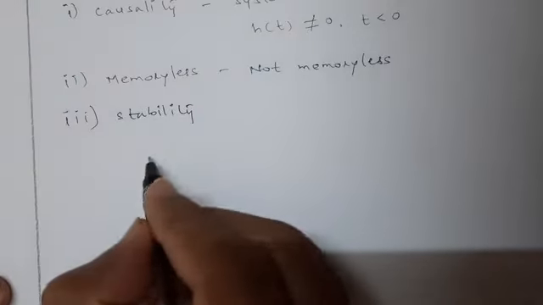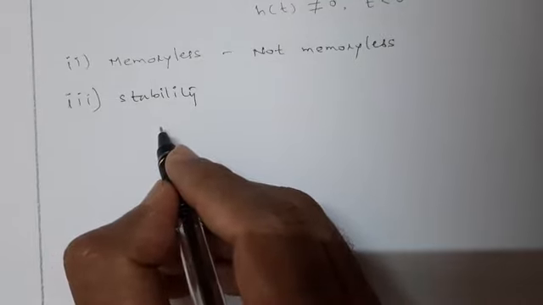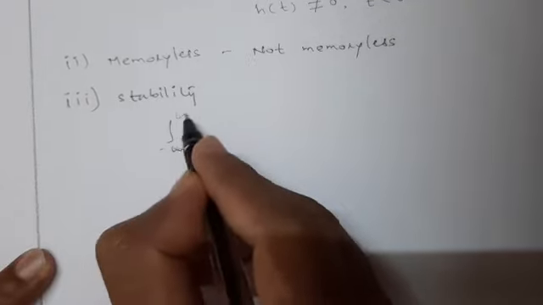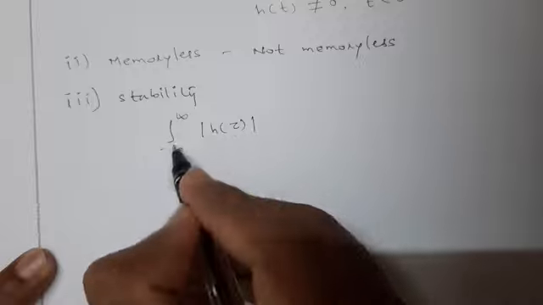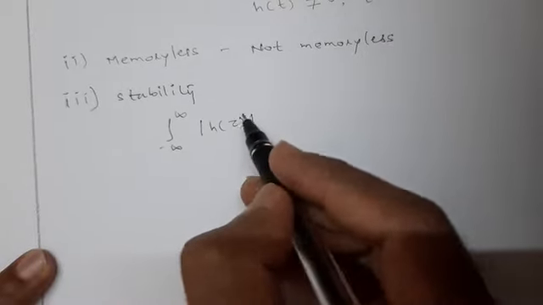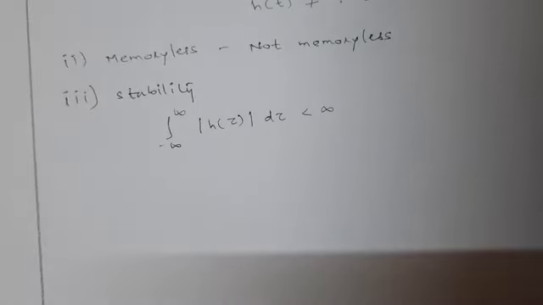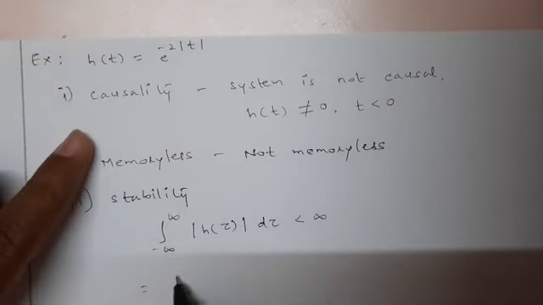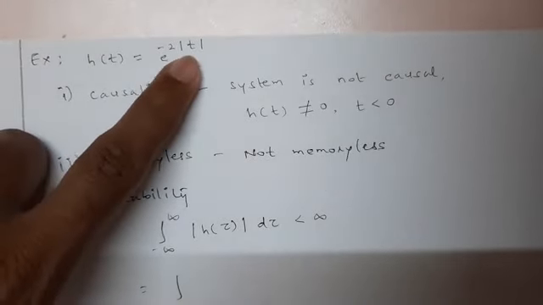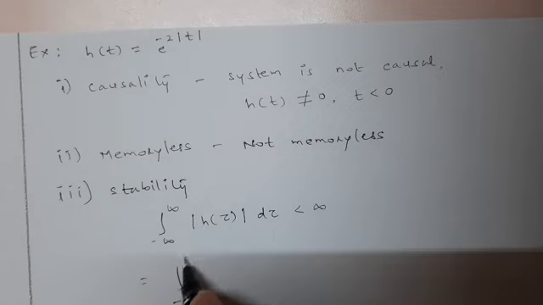According to your condition, for a system to be stable, the integration from minus infinity to plus infinity of the magnitude of h of tau d tau should be less than infinity. Okay, so what is minus infinity to plus infinity? Your e to the power minus 2t is from minus infinity to 0.